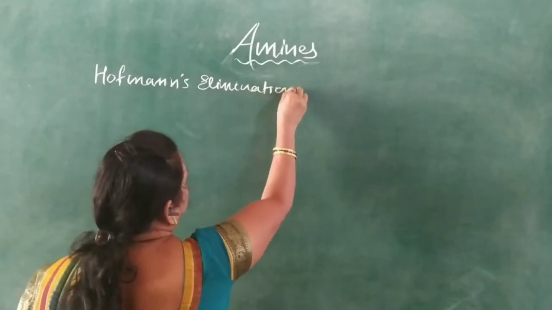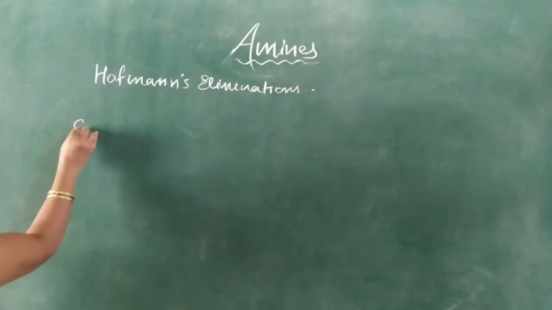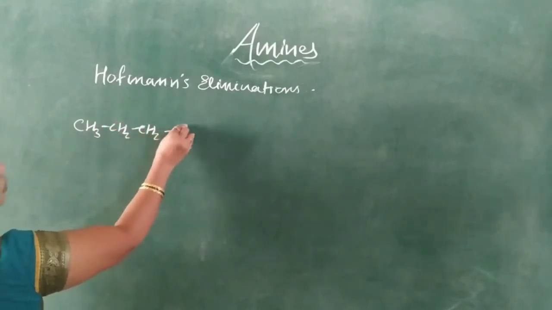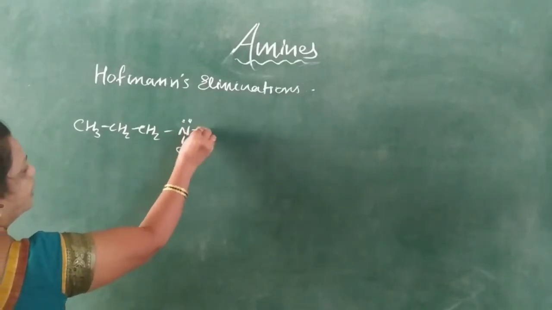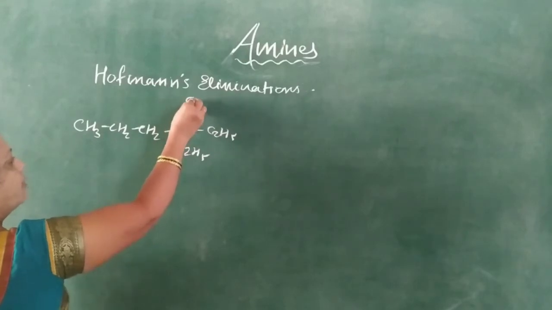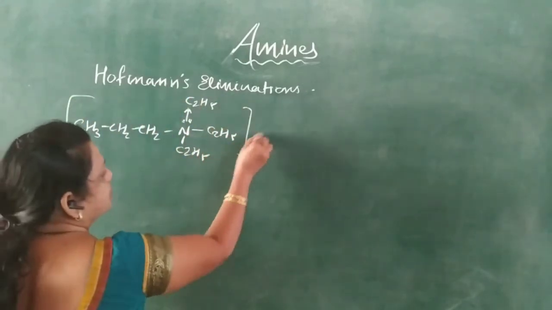In the Hofmann's elimination reaction, we start with a quaternary ammonium salt: CH3, CH2, CH2, attached to N, with C2H5, C2H5 and C2H5, and Cl.